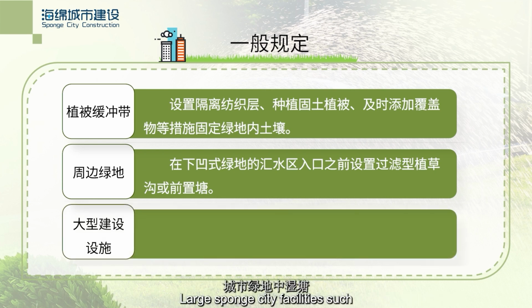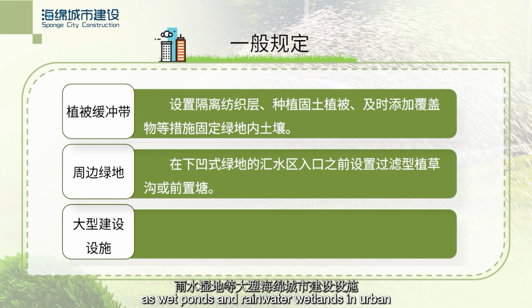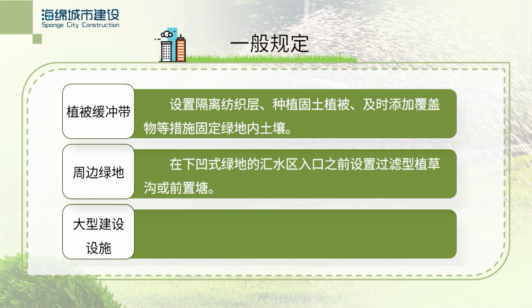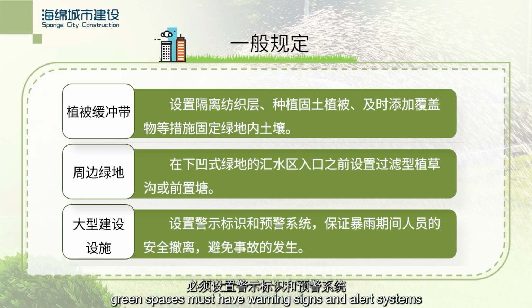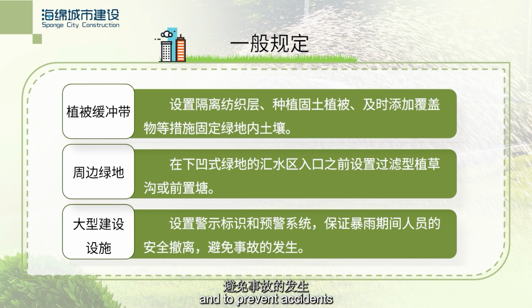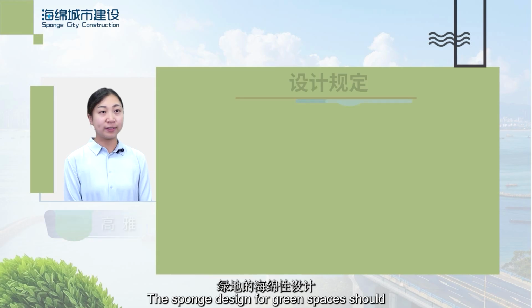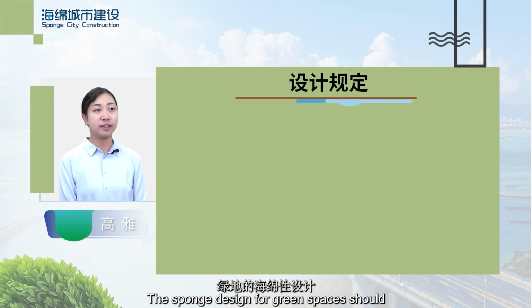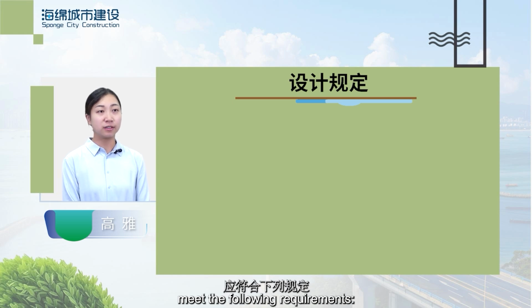Large sponge city facilities such as wet ponds and rainwater wetlands in urban green spaces must have warning signs and alert systems to ensure safe evacuation during heavy rains and to prevent accidents. The sponge design for green spaces should meet the following requirements.